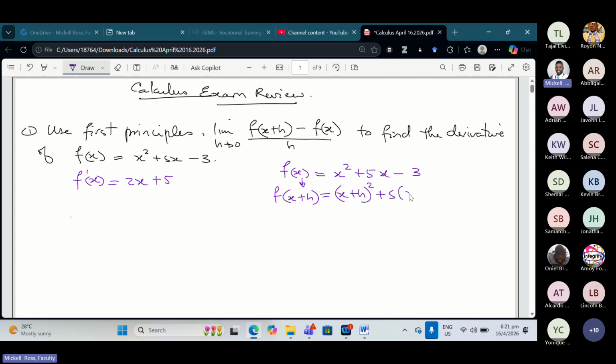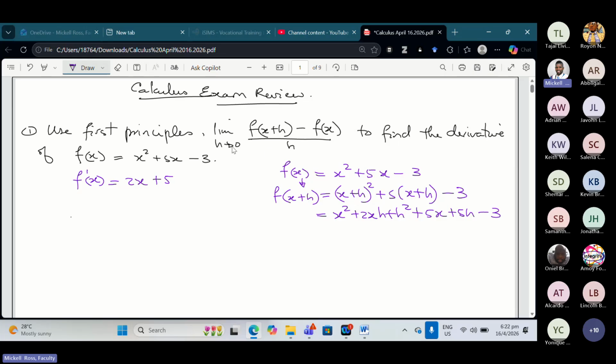We're going to have 5 times x plus h, because we see an x there, and we just have the minus 3. So x plus h all squared, meaning that x plus h is multiplying by itself. In the interest of time, we're just going to write it out: x squared plus 2xh plus h squared. 5 times x is going to give us 5x, 5 times h is 5h, and then we have the minus 3. All right, so this is what is f of x plus h.